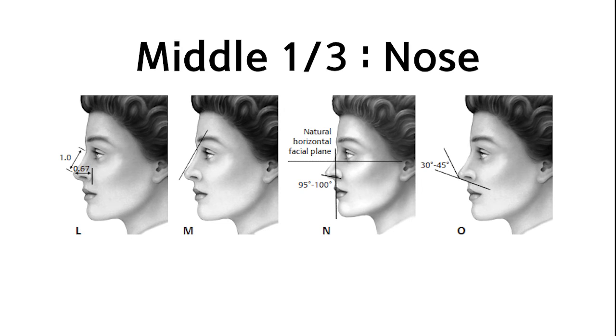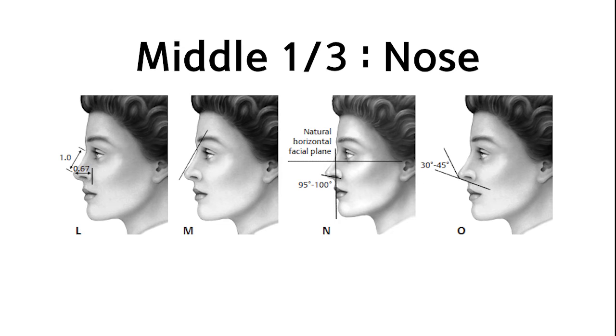In women, a 95 to 100 degree angle is preferred. In men, a 90 to 95 degree angle is preferred. A nose with a high dorsum without a supratip break will appear less rotated than one with a low dorsum and a supratip break, even though the degree of rotation is the same.